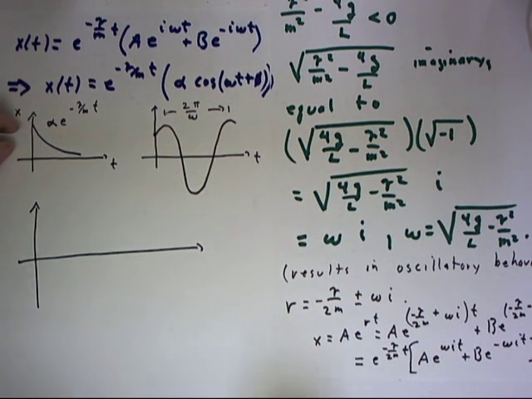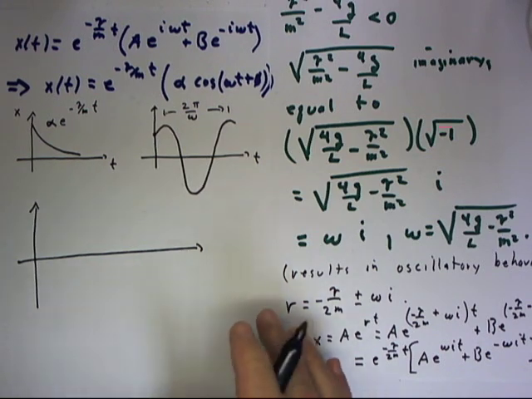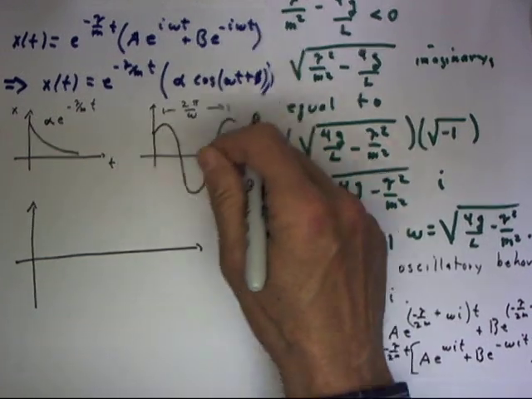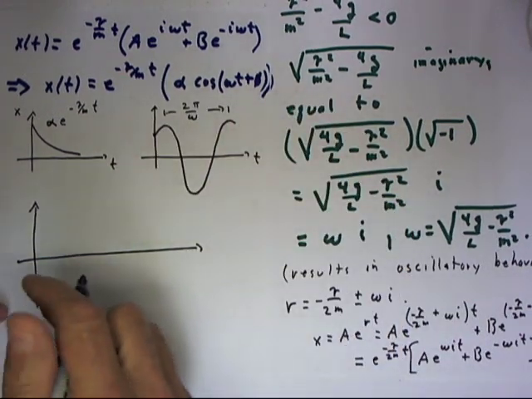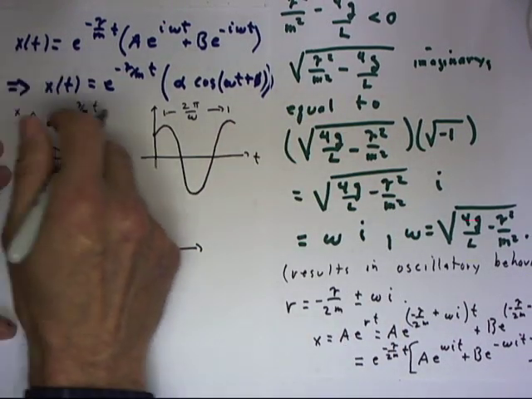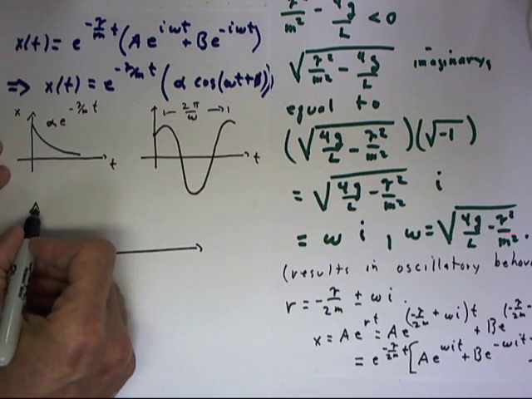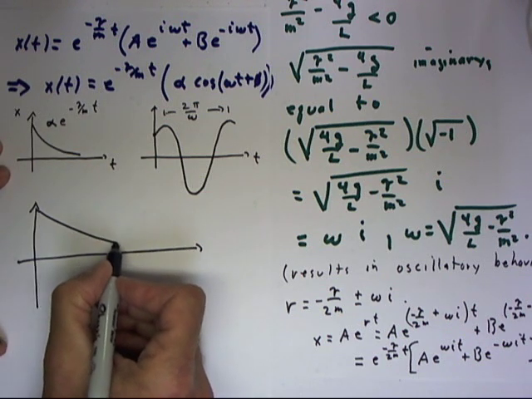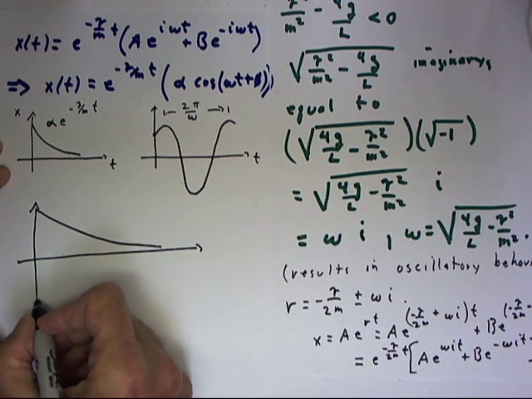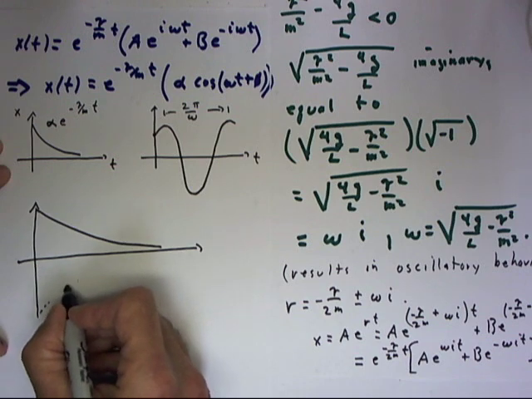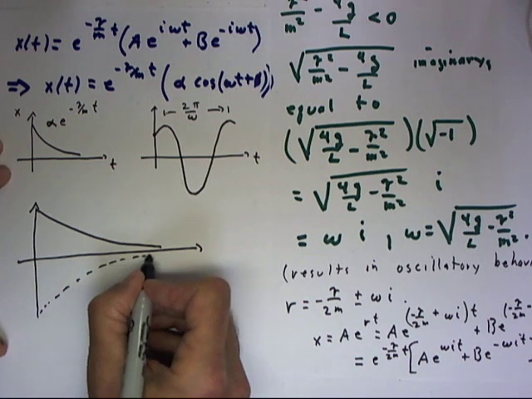We haven't labeled a scale on either of these axes, so that's a perfectly legitimate thing to do. And then this function is just going to be our cosine of omega t plus phi. Now we take our graph of the exponential here, and I'm going to spread it out a little bit more. And we also draw the negative of the exponential for reasons that will become apparent in a minute.